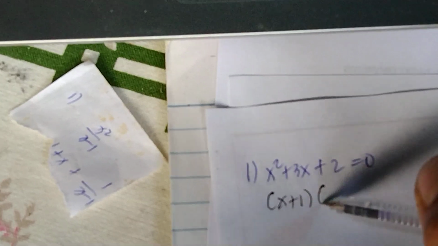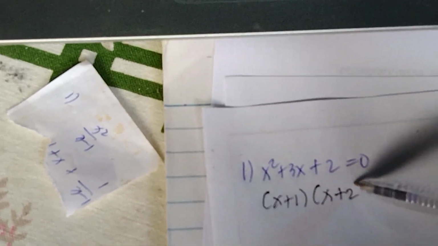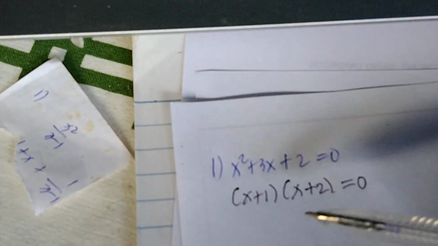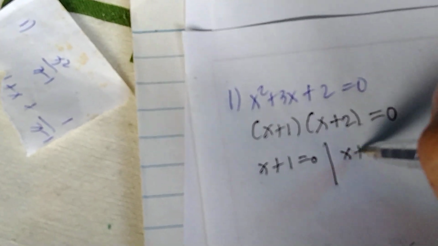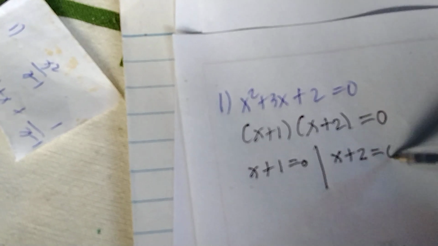So, we could have x plus 1 times x plus 2 is equal to 0. Now that we have factored, next is to set each factor to 0. So, you have x plus 1 is equal to 0 and x plus 2 is equal to 0.